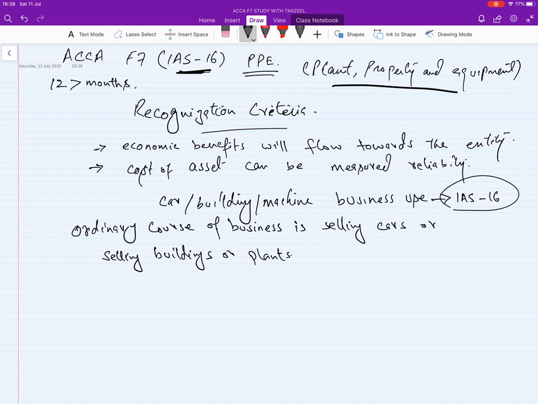But if you have cars and you are selling those cars to make a profit, so if your ordinary course of business is selling cars or buildings or plants, then it cannot be covered under IAS 16.